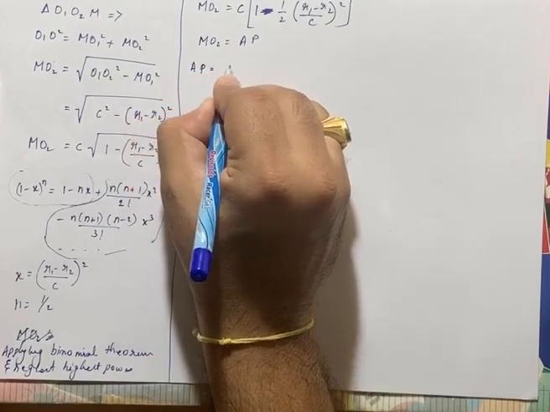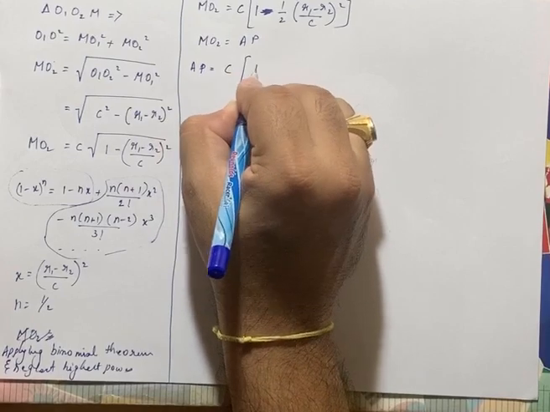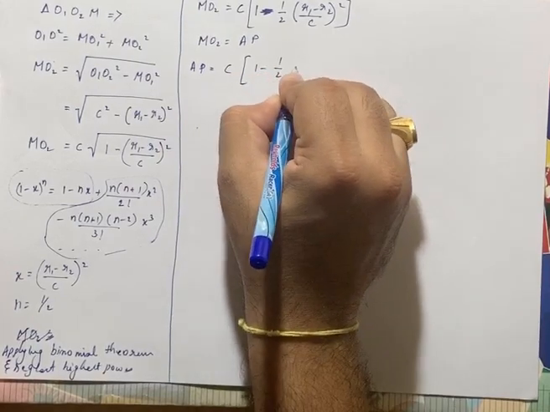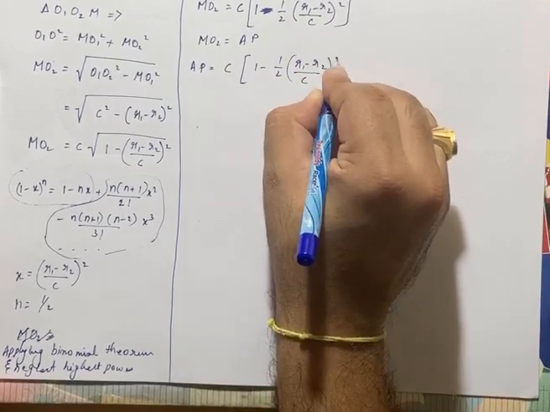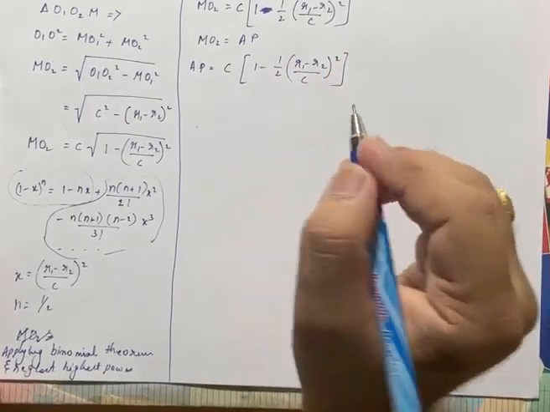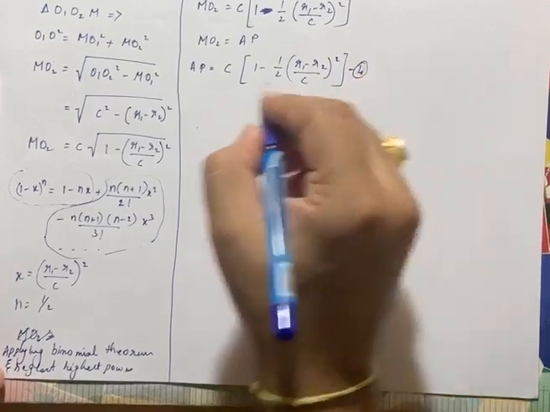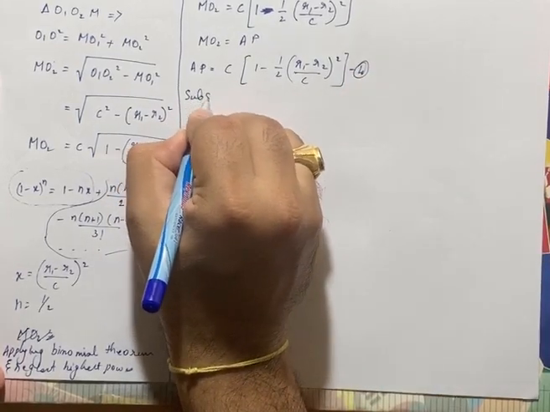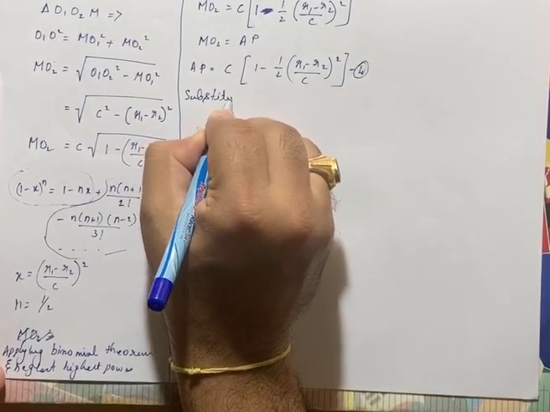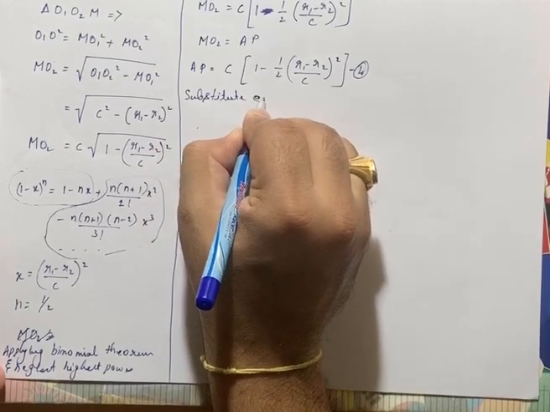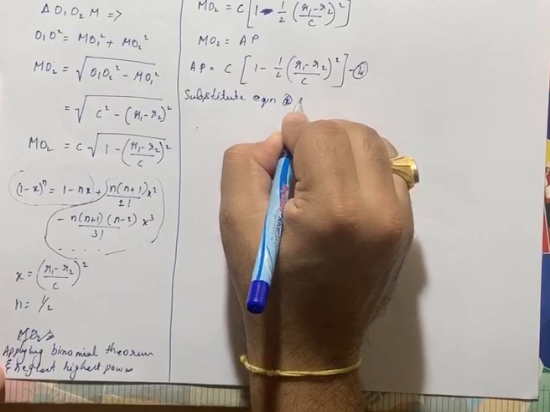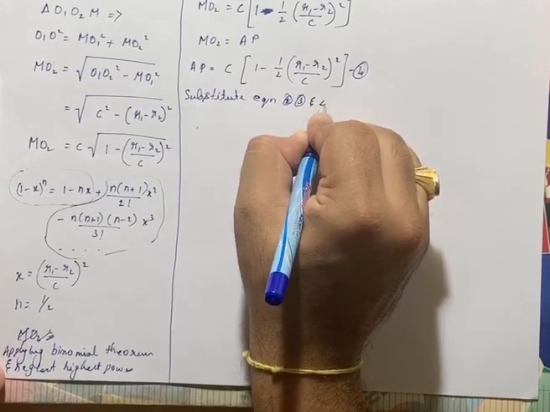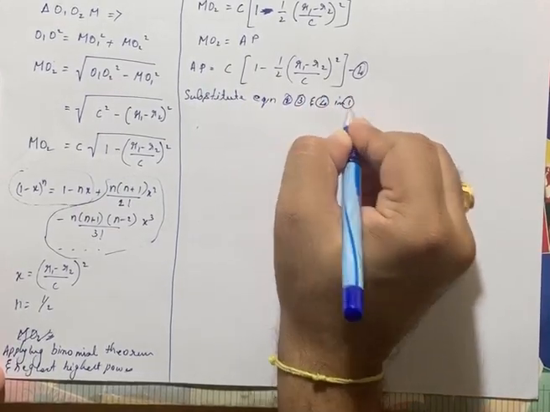AP is equal to C into 1 minus half ((R1 minus R2) by C) the whole square here, right? Call this equation number 4. Now, substitute equations 2, 3 and 4 in 1.